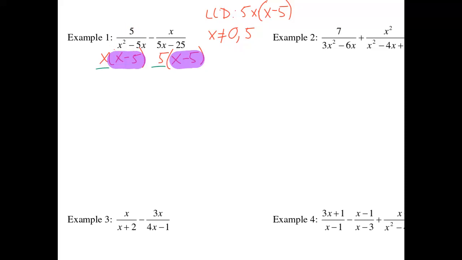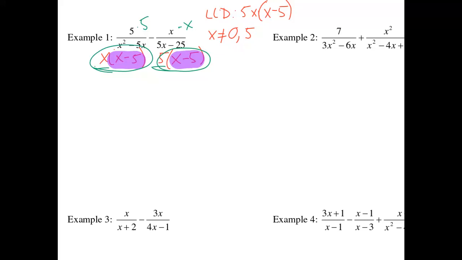So we're going to multiply this one and then this one by the missing factors in the denominator to complete the LCD. So if I look at the first one, I have x times x minus 5. So what part of the LCD is missing? Well, hopefully you said 5. If we look at our other denominator, 5 times x minus 5, again, what part of the LCD is missing? Well, we need to multiply by x to complete it out.